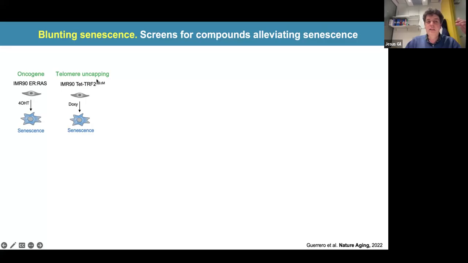And this dominant negative protein, what it achieves is that when it's expressed, it causes telomere uncapping, similarly to what happens during replicative stress. So we use these two models of senescence to screen for drugs that might delay the entry into senescence, or might either inhibit or delay the entry into senescence.